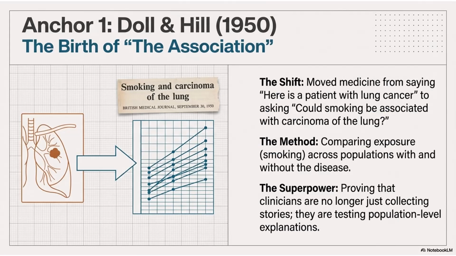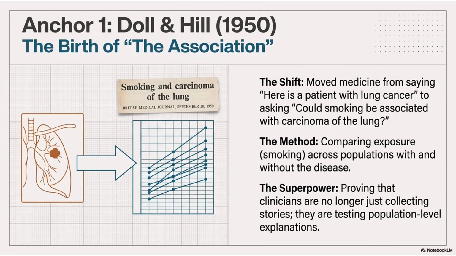All right, perfect. So we're going to talk about the birth of the association. We'll begin talking about Doll and Hill in 1950. I think this is one of the greatest detective stories in medical history. At the time, in the 50s, lung cancer rates were rising dramatically, but medicine did not yet have the epidemiologic reflex we have today.